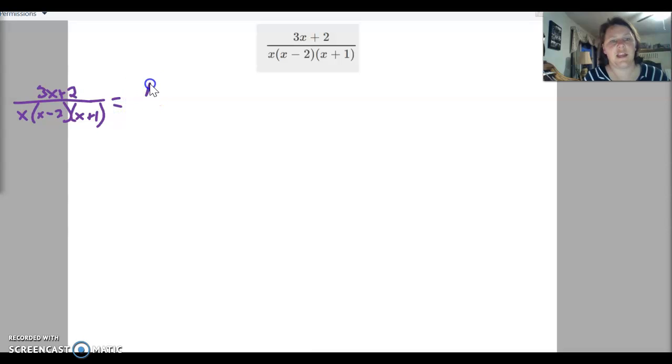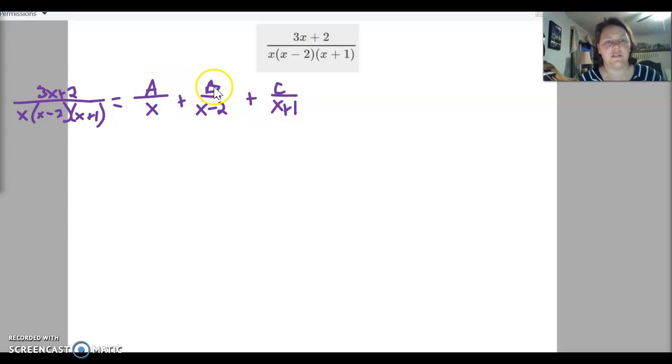What that means is I can break up this fraction into A over x. I'm going to take each one of these factors, the x factor, x - 2 and x + 1, and split them each into a fraction of their own: B over x - 2 plus C over x + 1.